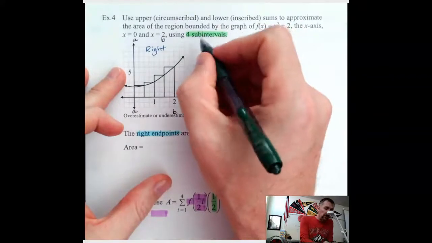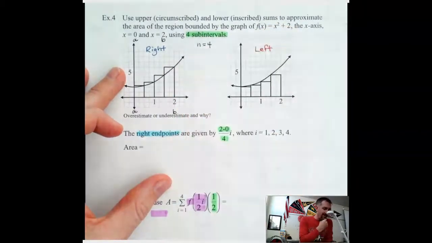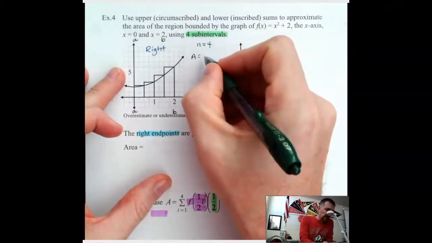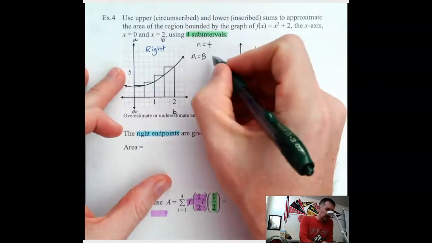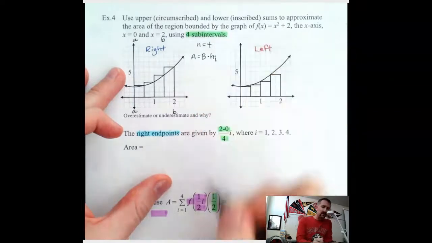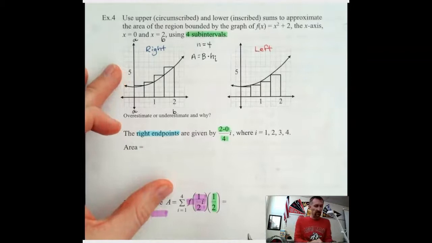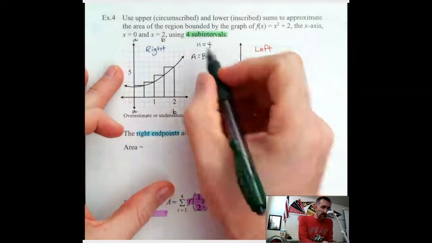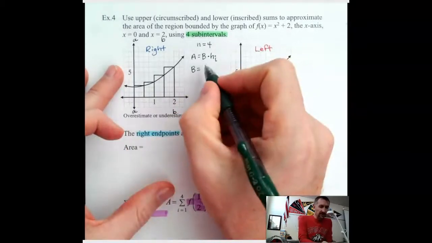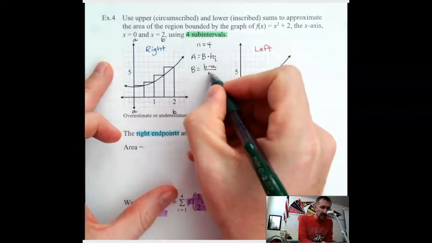underneath that parabola. So 4 subintervals, that's going to be n, so n equals 4. Now the area is going to equal the base of the rectangle times the height of the rectangle. The height we're going to call h sub i, because there are 4 different heights for these 4 different rectangles. The base of each rectangle is found by taking b minus a divided by n.